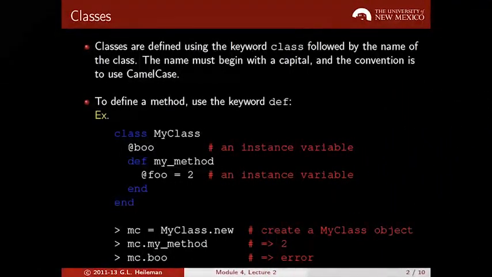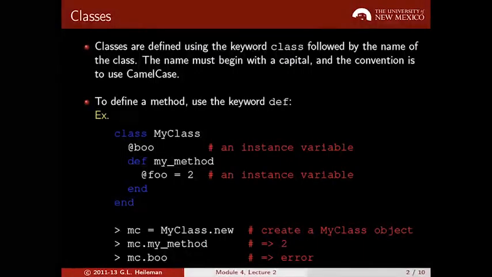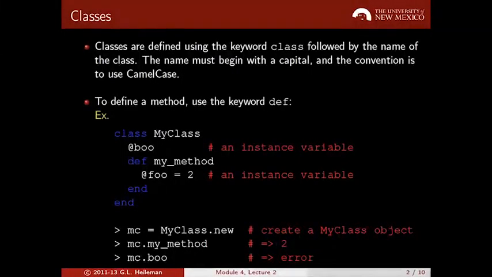So this new method calls initialize. Initialize is provided for you automatically. You don't have to write a constructor. And then in order to call the my_method method, you just say myc.my_method, which is the typical way of invoking a member function or a method in object-oriented programming languages.